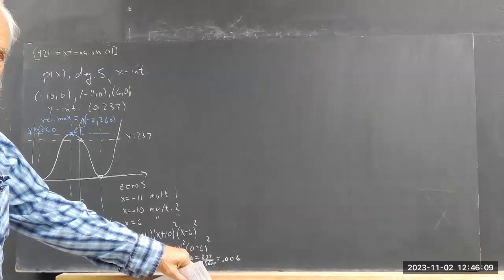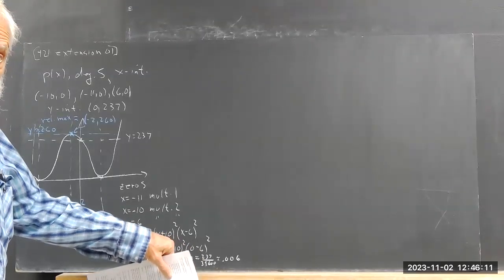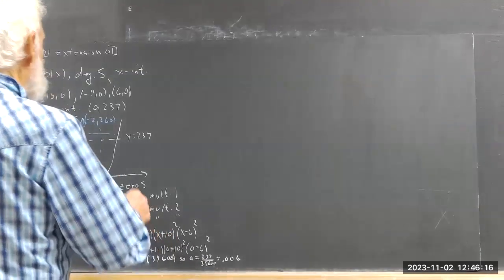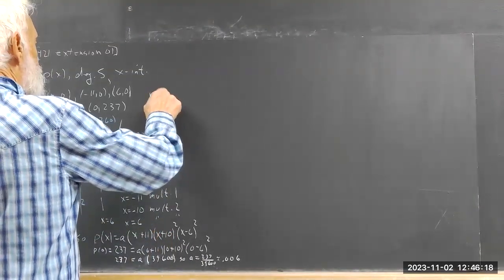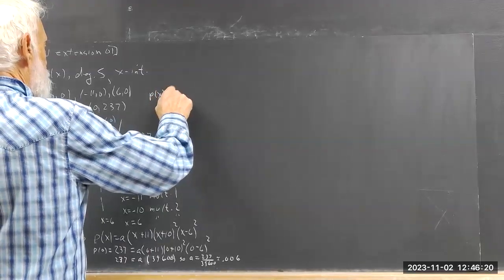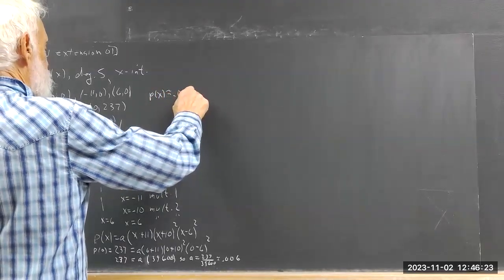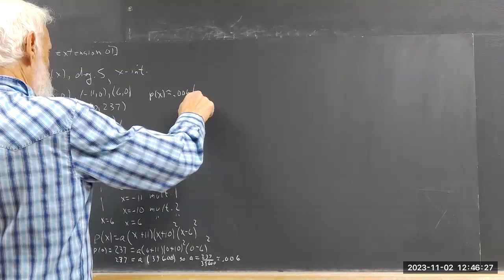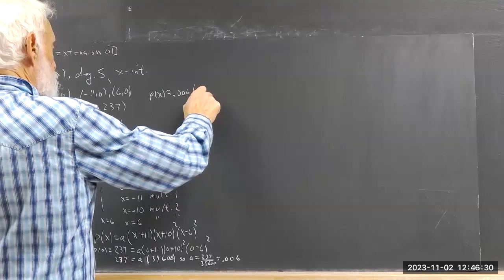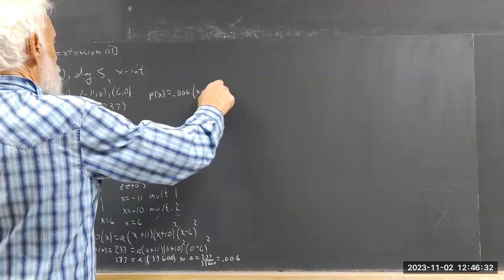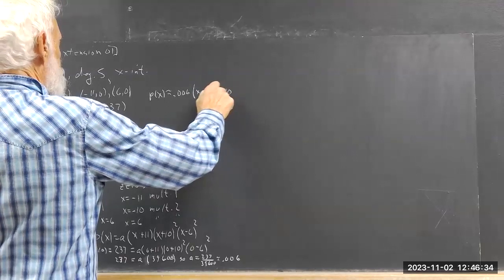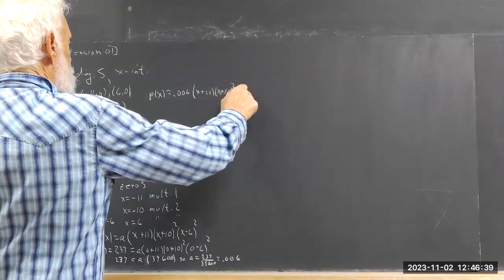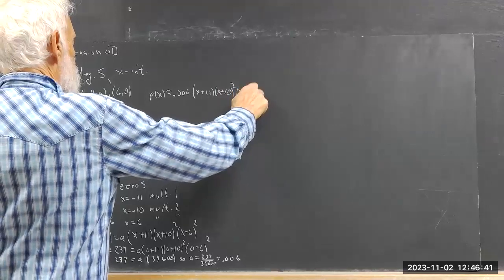Now that's just a familiar way that we evaluate A and so forth. If my numbers are wrong, you can fix it. So anyhow, P of x is approximately 0.006 times (x plus 11) times (x plus 10) squared times (x minus 6) squared.